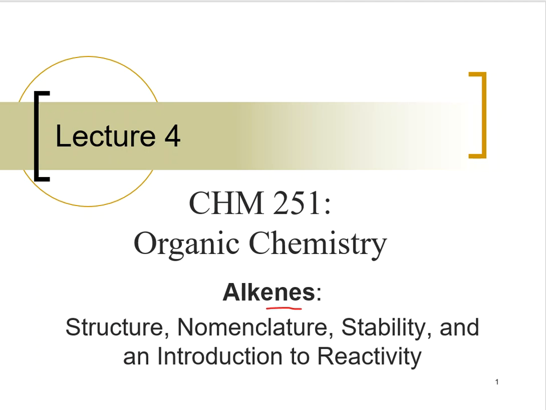Now, alkanes is what we talked about last time, right? We spent hours talking about alkane structure, alkane 3D shape, alkane nomenclature. And we're going to do the same thing with alkenes. We're going to treat them fairly, but I need you to understand that alkane is not the same as an alkene. Yeah, I know.